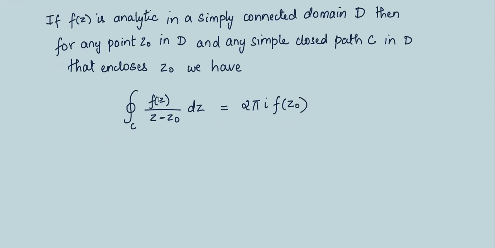If you remember, if f of z is 1, then f of z naught is 1, then we get that integral which we already evaluated: integral dz by z minus z naught is 2 pi i.